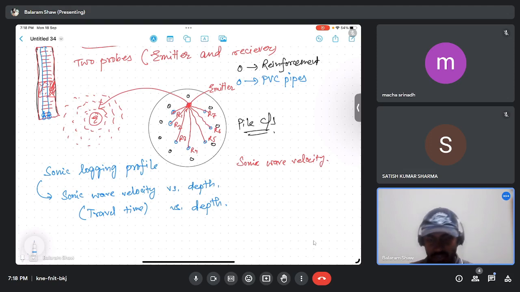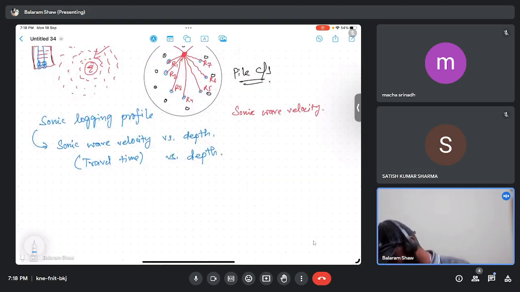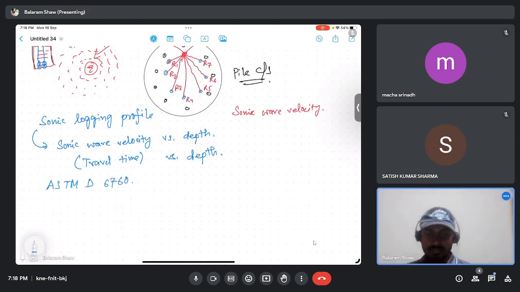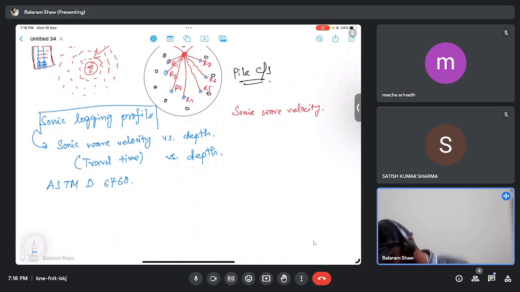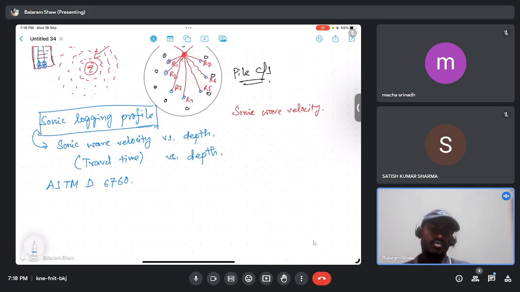Mostly the test setup for this sonic logging will be given by ASTM D6760. So what we are getting is the sonic logging profile, and from there we can understand the quality of the concrete, whether there are any defects or not.